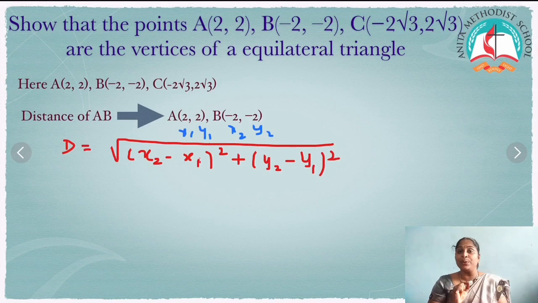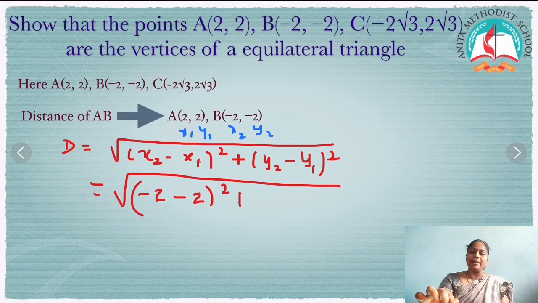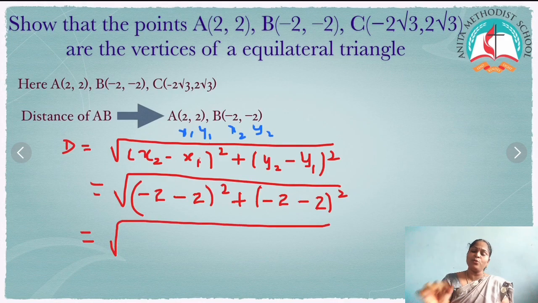What is the x2 here? -2 minus, what is the x1 here? 2, the whole square, plus what is the y2 here? -2. What is the y1? 2, the whole square. So -2 minus 2, both are negative, so I need to add.